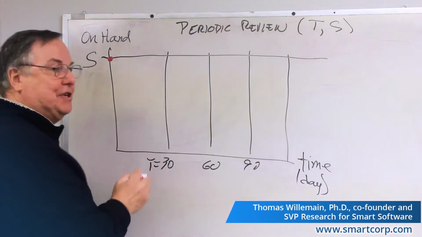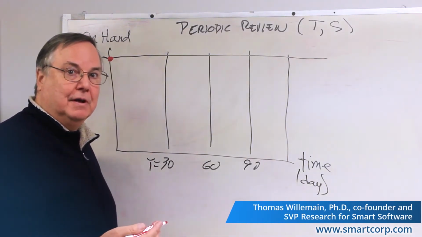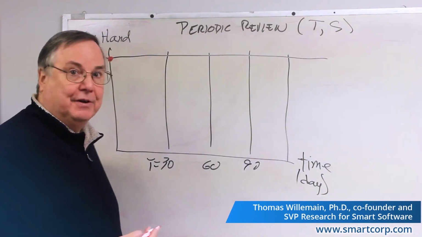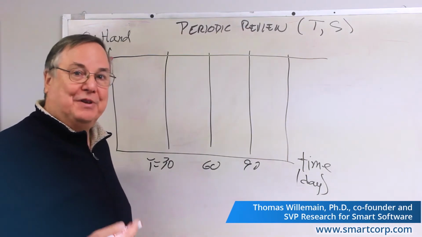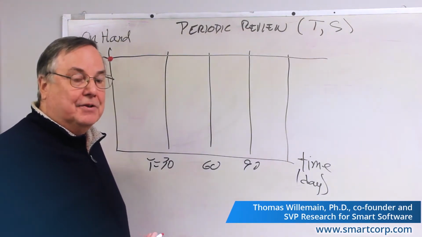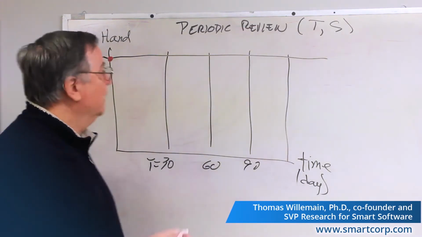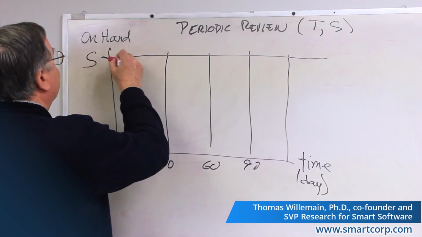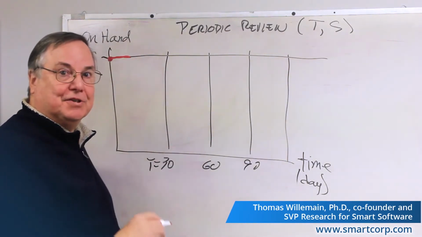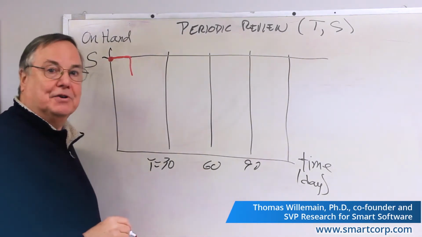Now, with each passing day, demand will come in at random times and in random quantities. And especially if you're dealing with a thorny problem called intermittent demand, which is true of spare parts, for instance, the demand is very unpredictable. And a lot of times it's 0. So for instance, we might go through several days where nothing happens. The demand just sits. The supply just sits where it is. And then all of a sudden you get an order for a bunch.